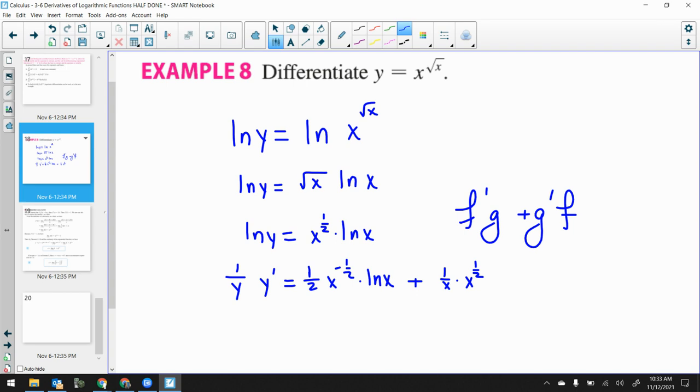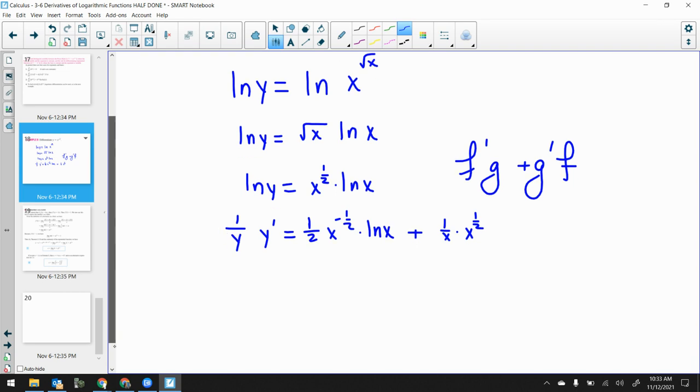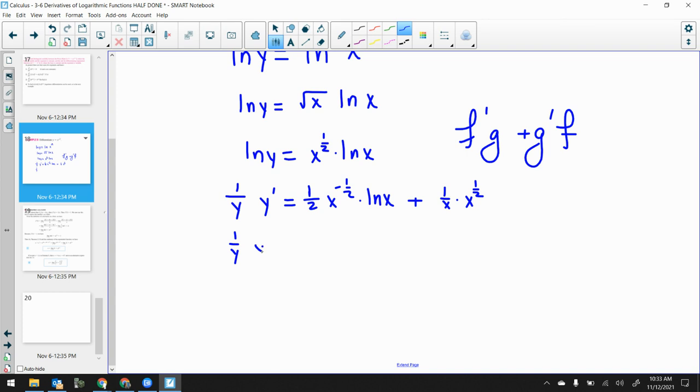Let's reduce that right side before bringing over the y. So 1 over y prime. Okay, this chunk would be 1 over 2 radical x, right? This piece right in here would be 1 over 2 radical x. And now let's apply the ln to it.